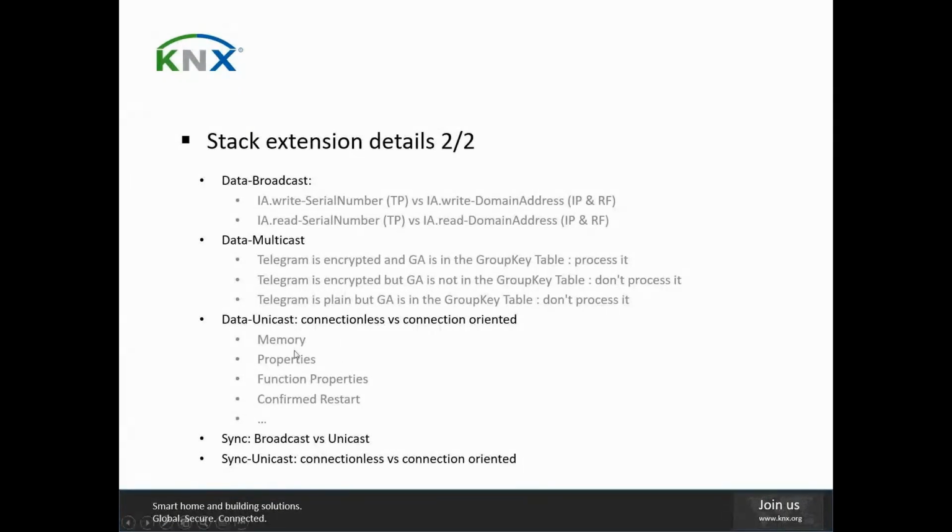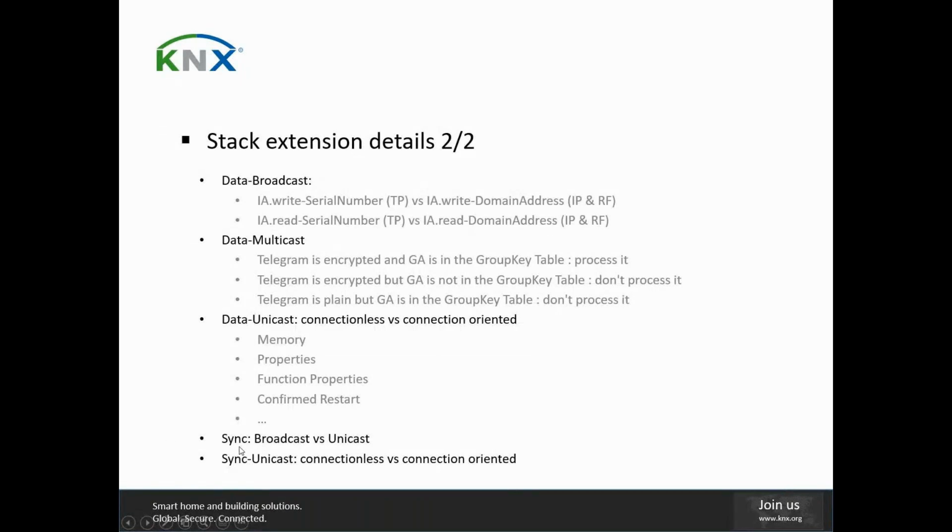Well, this is all about reading memory of the device, reading properties, function properties, specific services from the device, like the confirmed restart. All that stuff actually belongs to this category here. So the data unicast telegrams.